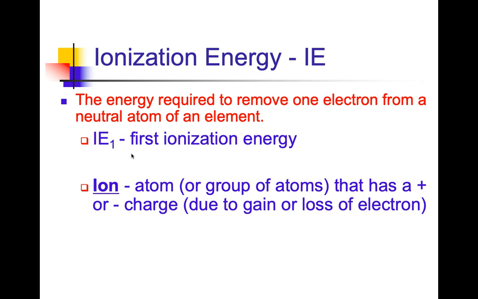Okay, and we want to look at, well, how does that trend appear on the periodic table? Just real quick, a little bit of terminology here. An ion, remember, that's an atom or even a group of atoms that has a positive or negative charge. And that is coming from a gain or loss of electrons. With ionization energy, we're always looking to form a positive ion because you're removing a negative electron.